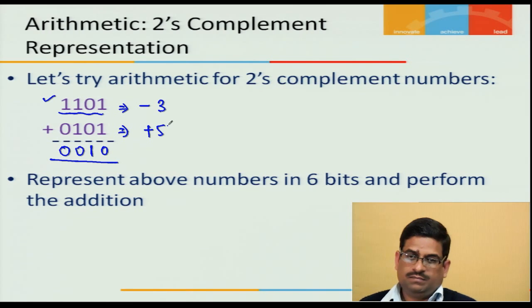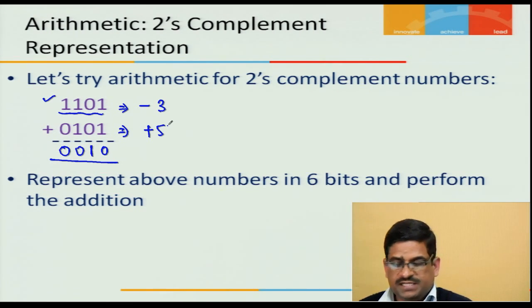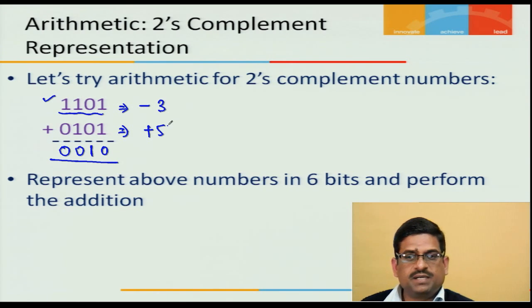So for minus 3, I need a minimum of 3 bits. How to represent it in 6 bits? For unsigned numbers, how do we represent them using more bits? We append the required number of zeros as the leftmost bits, and 0 doesn't add anything to the magnitude of that number, so the number value is not changed.